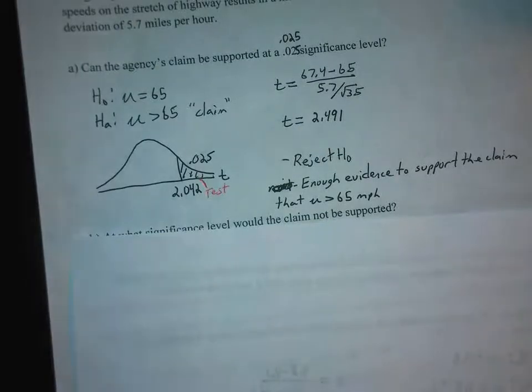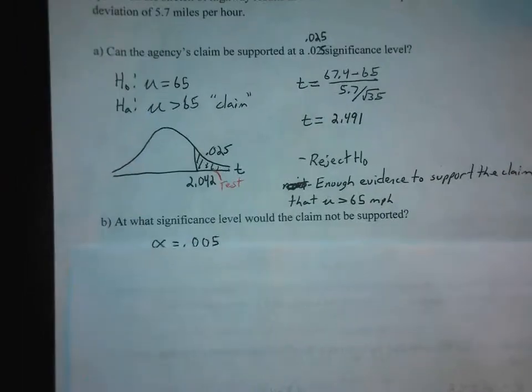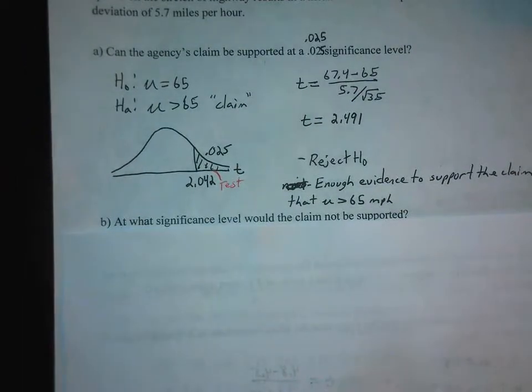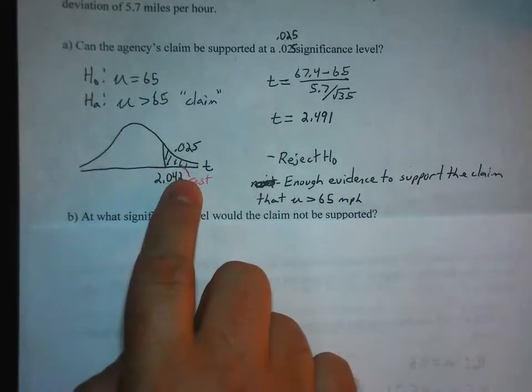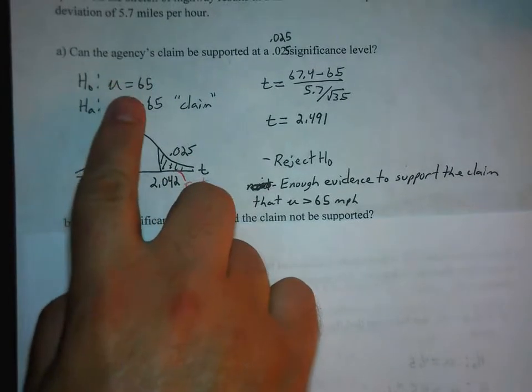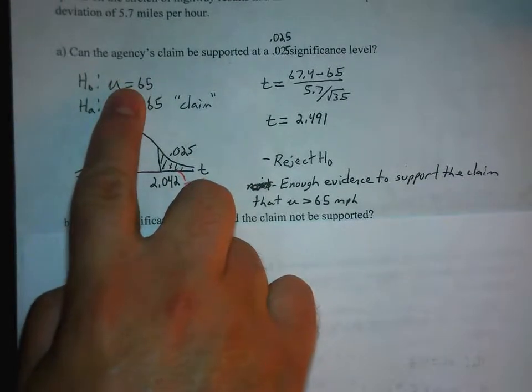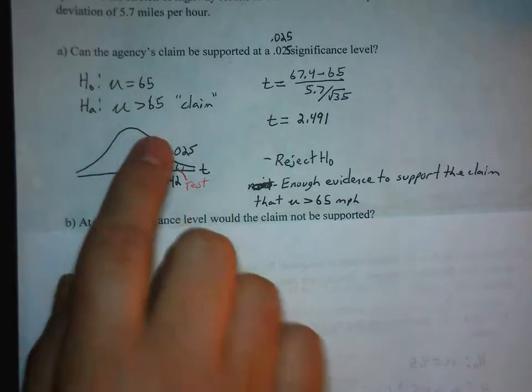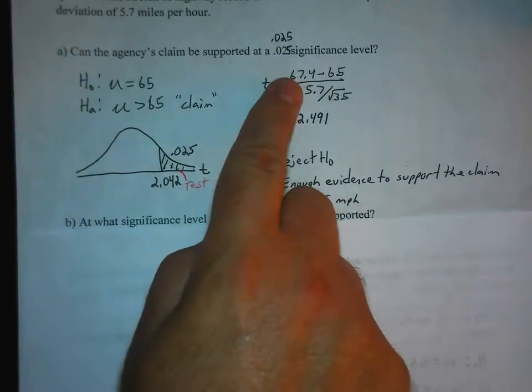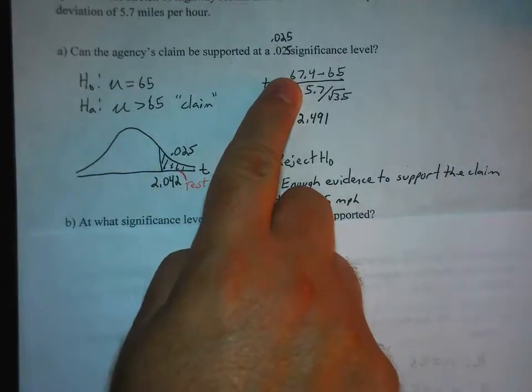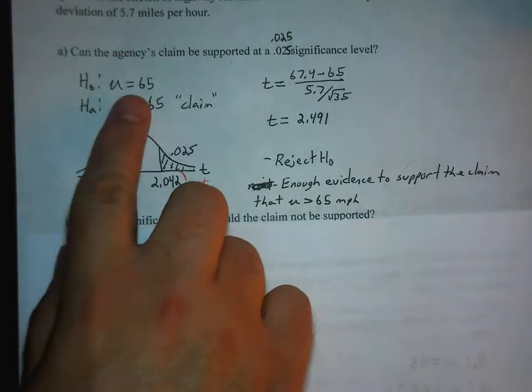Okay, and then in this case we reject H0 because our test statistic is in that rejection region. So if the mean was really 65 miles per hour on that stretch of road, then it would be unusual to get a sample mean of 67.4 if 65 was really the mean.